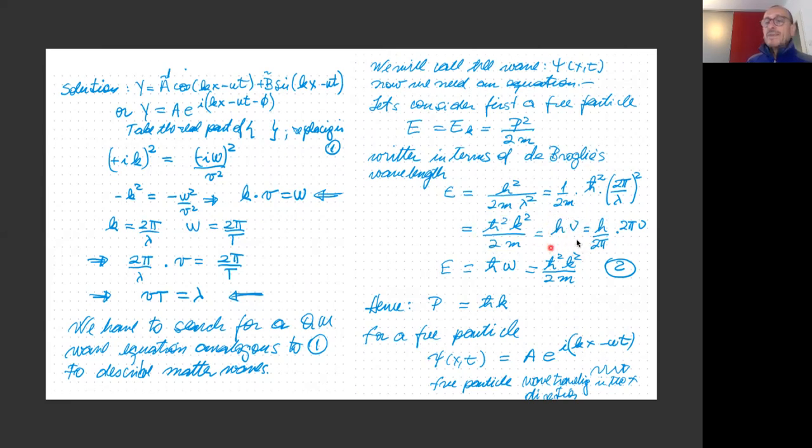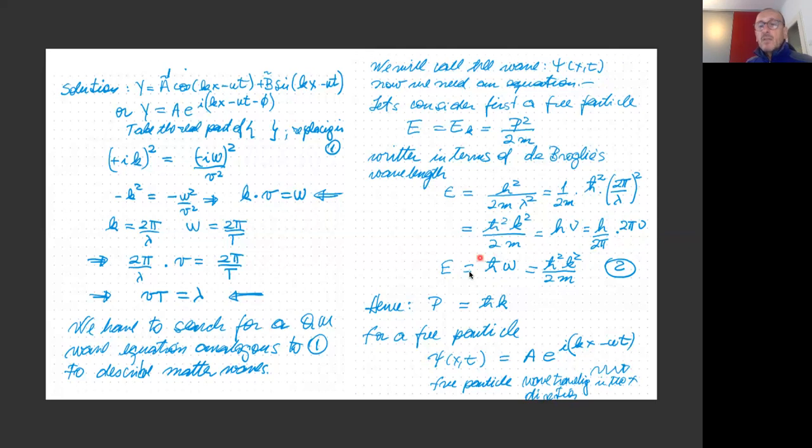So I'm going to quantize everything in the same way. So the kinetic energy is equal to h nu in this case, because h nu is the total energy of the particle, because there's no potential in it. So I write this as h over 2 pi times 2 pi nu. So finally the energy, h nu, is equal to h bar omega, which is equivalent.